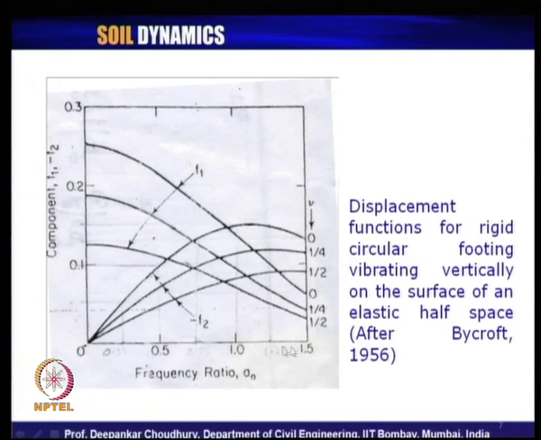So, this is the dimensionless frequency factor, these are curves for F1, these are curves for F2 for different values of Poisson's ratio 0, 0.25 and 0.5, because for soil, as for any elastic body, all ranges are already covered. Also for F1, this is for Poisson's ratio 0, 0.25 and 0.5. So, you can do the design in either of two ways using this Lysmer concept.